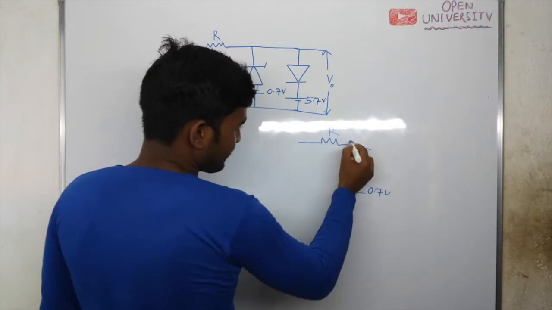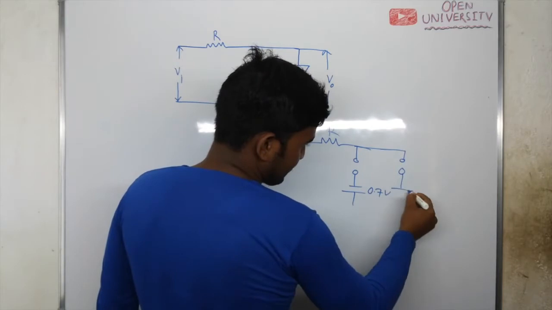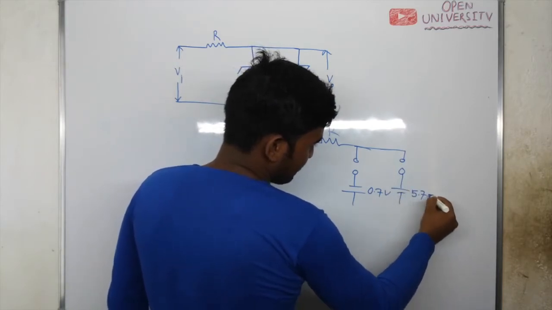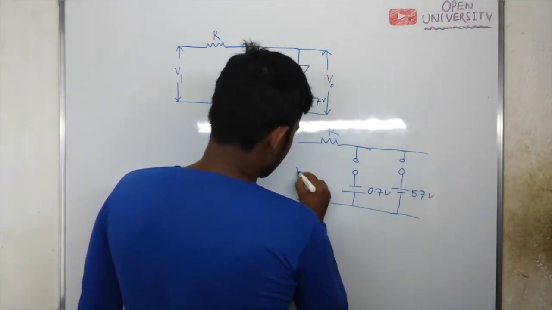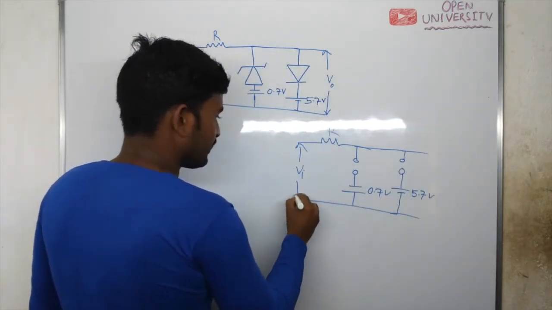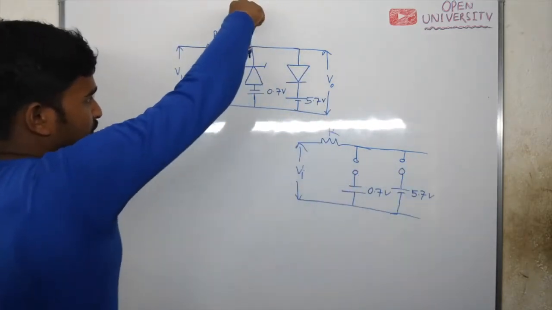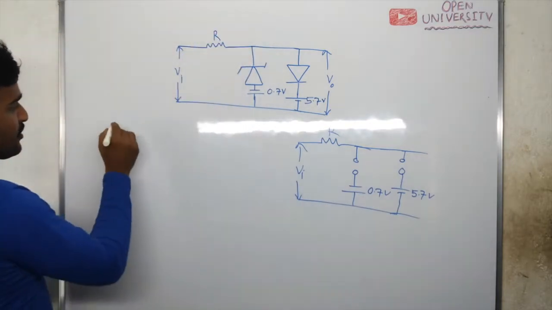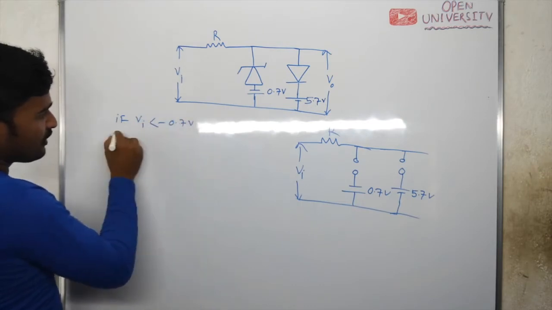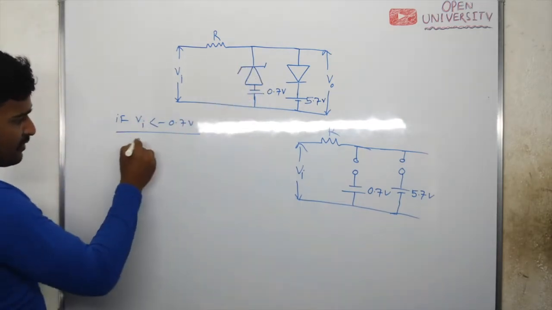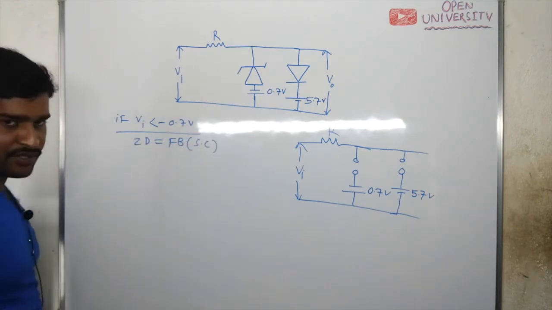This is resistance R, and I am assuming both the diodes are off, and this voltage is 5.7 volt. This is your input voltage VI. What is the voltage available at this point and at this point? It is VI. If VI is less than minus 0.7 volt, then the Zener diode becomes forward biased, and it will be replaced with a short circuit.